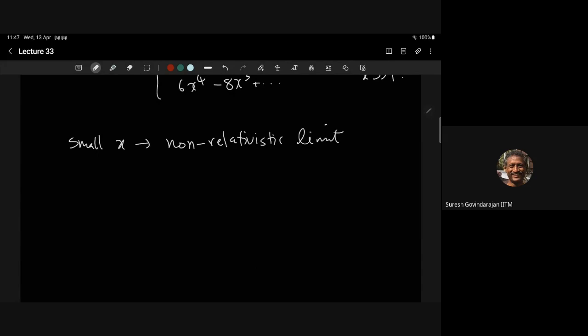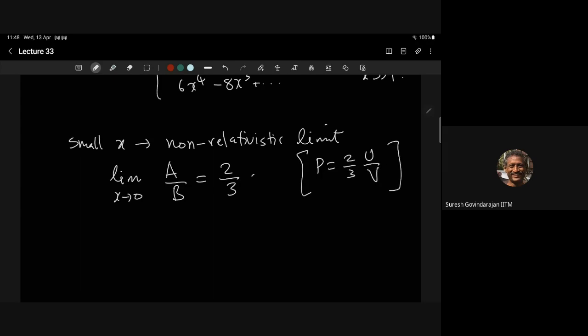Okay, and then you can check that the ratio A is to 2/3. Compare this with P equal to 2/3 U by V. This was some universal thing we saw for the non-relativistic gas, whether it is Fermi, Bose, or even classical.